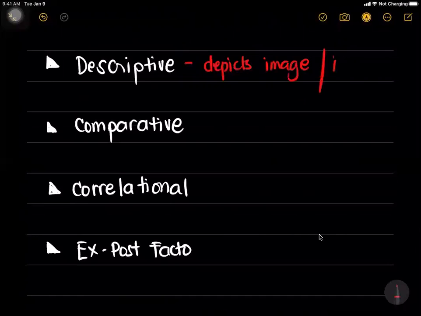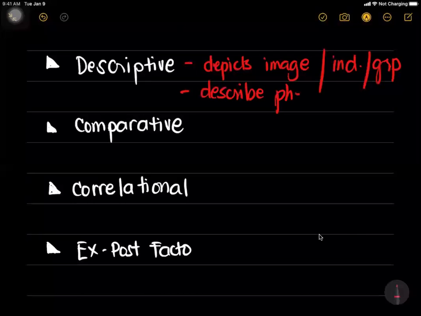This is very easy. You just have to describe. Technically, what you do here is you describe the phenomenon. That's what you do under descriptive.